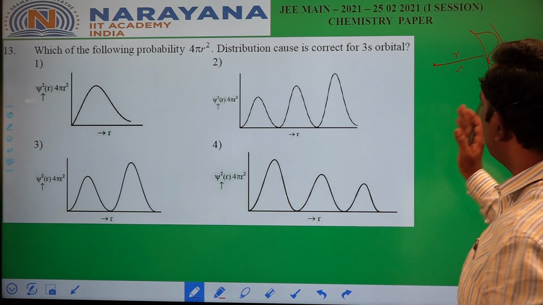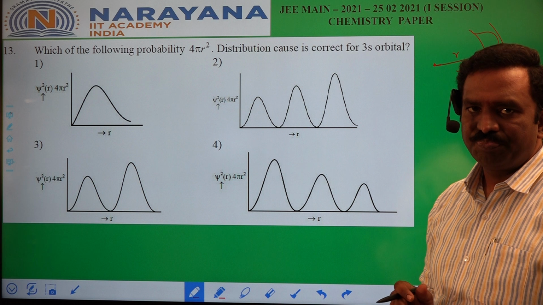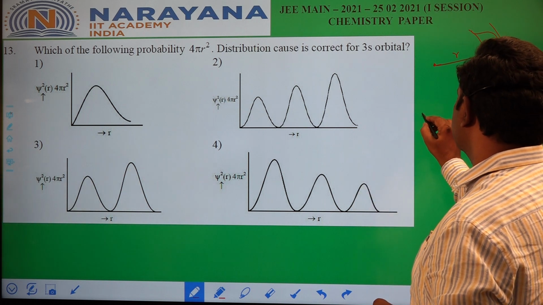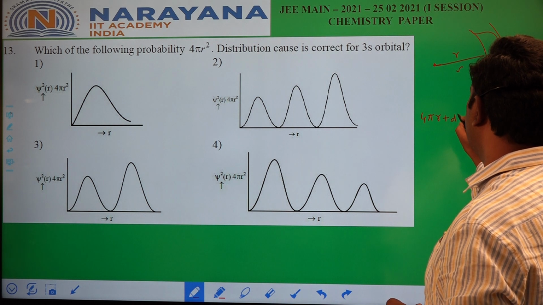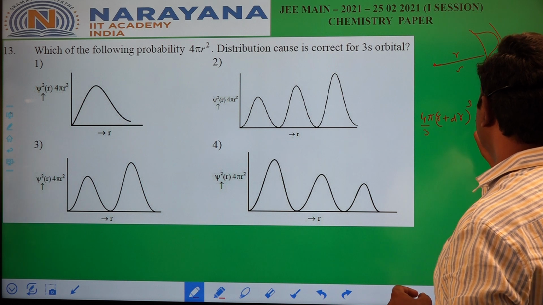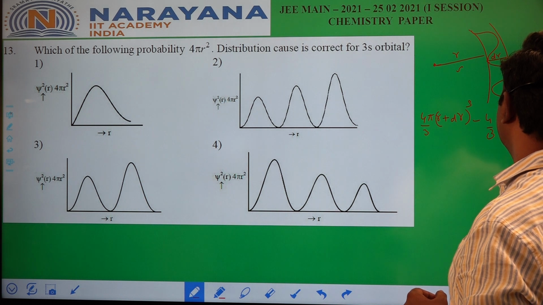Now, what is the volume of this spherical region around the nucleus? With maximum probability of finding the electron, it is 4 by 3 pi (r plus dr) cube minus 4 by 3 pi r cube.